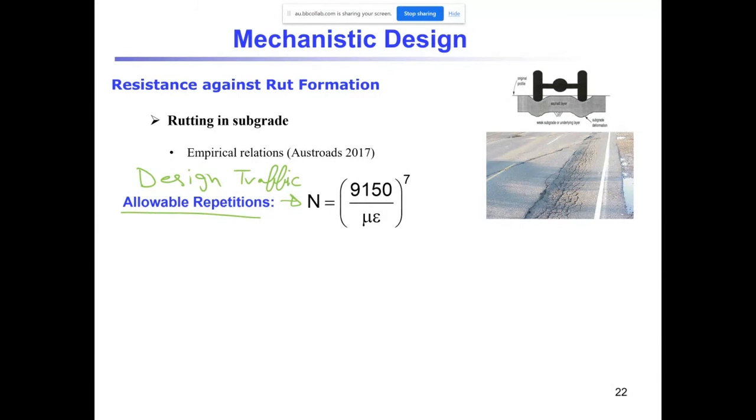If design traffic is larger than allowable repetition, it means that rutting will take place during the design life. So your design won't be acceptable. But if design traffic is less than allowable repetition, then your design can be acceptable.